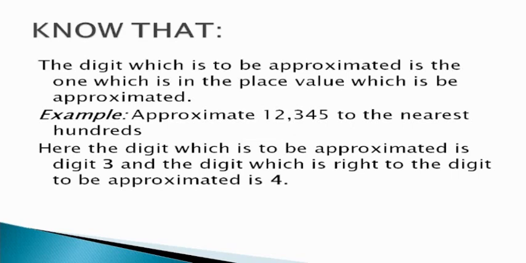Kwa hiyo utafuata sheria kwa kuangalia, je, hii digit namba 4 ni kubwa kuliko 5 au pungufu ya 5. Kama itakuwa kubwa kuliko 5, basi utaongeza 1 kwenye 3, na kama itakuwa pungufu ya 5, basi utaongeza 0 kwenye hiyo 3. Sasa now let us jump to the example number 1.